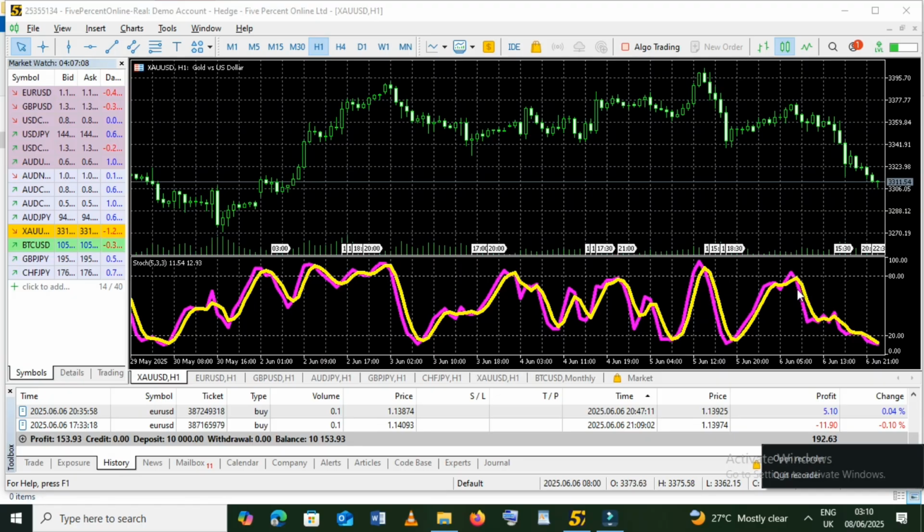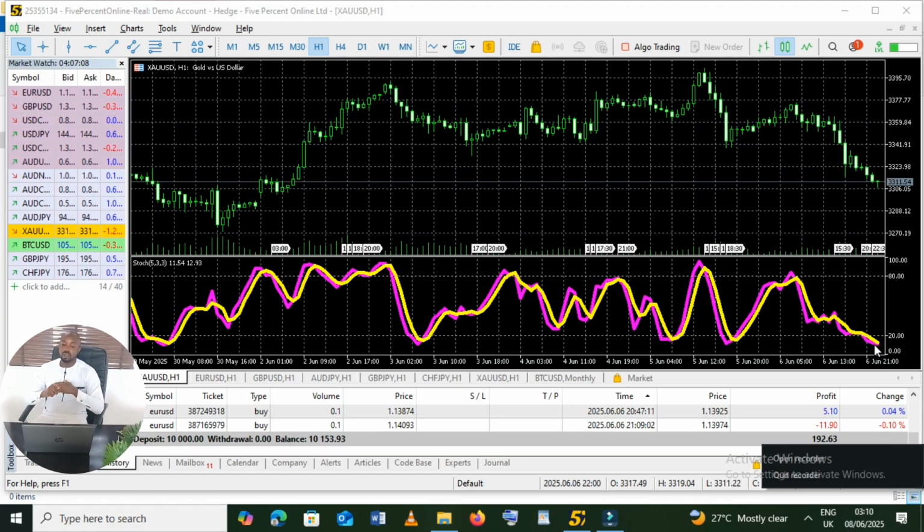Then when the line gets down to point 20, it shows that the selling power is now weak, so you are expected to place a buy order. While the buying power gets weak at point 80 and above, you are expected to place a sell order if you are using stochastic oscillator to analyze the market.